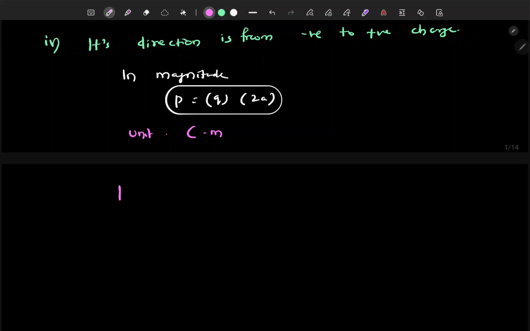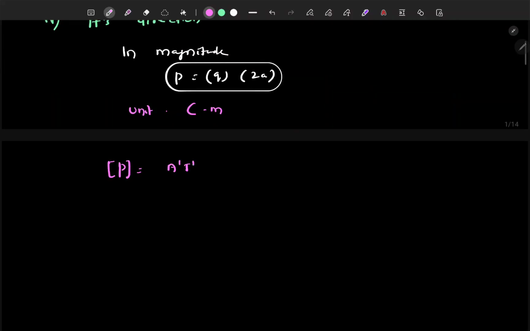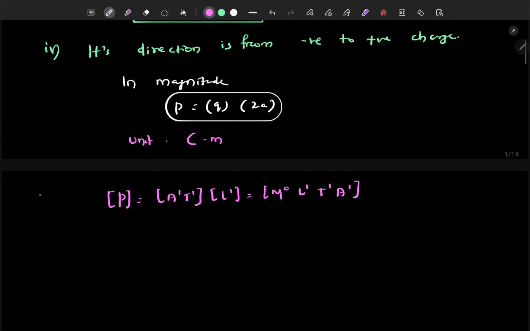Its dimension will be: charge dimension is A1 T1, and dipole length is L1. So final answer M0 L1 T1 A1. Also remember, this is the dimension part.